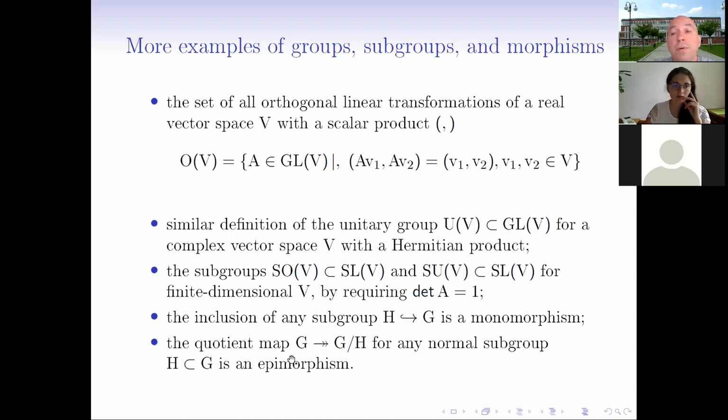The quotient map from G to G over H means that we take an element in G and consider its class with respect to the equivalence relation introduced before, in G over H for any normal subgroup H in G. This is an epimorphism because every class in G over H comes from at least some representative. So it's a surjective map, meaning it's an epimorphism.